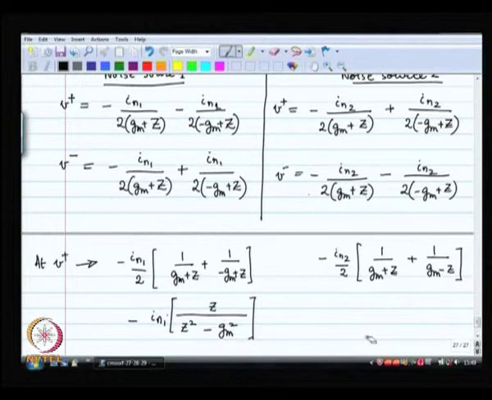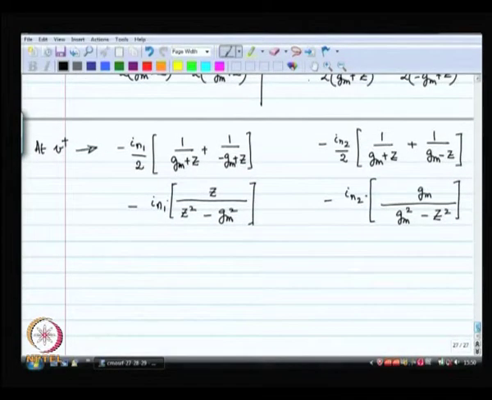Yes. And this is what you end up with. Now, what I am saying is you add the squares of these two things.